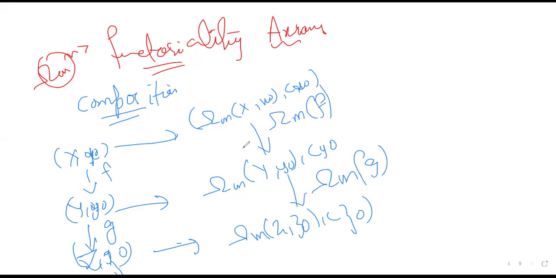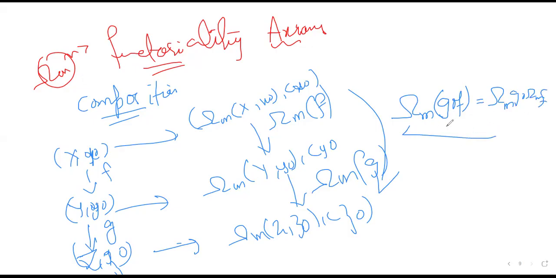Okay, so we have to prove the composition. What type of composition? Ω^m of (g∘f) should be equal to Ω^m of g composed with Ω^m of f. Okay, we have to show this equality. First of all, let's say gamma is a path, gamma is a vertex in this graph.